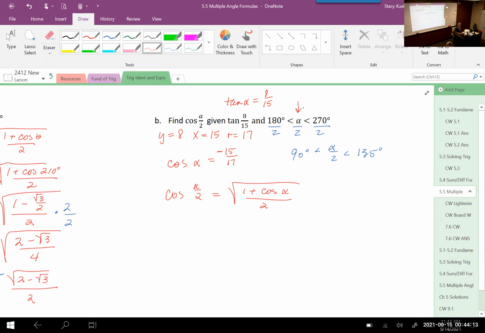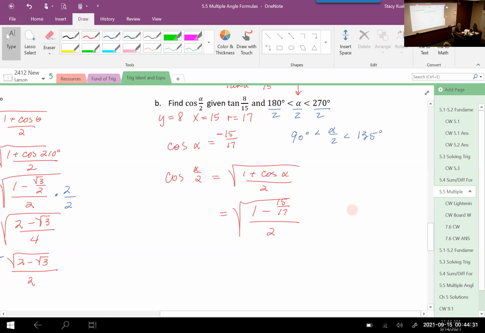Okay. So we're going to come in here, we would say 1 minus 15/17, all over 2, all under the radical symbol. And simplify this, that would be 2/17 divided by 2, all under the radical.